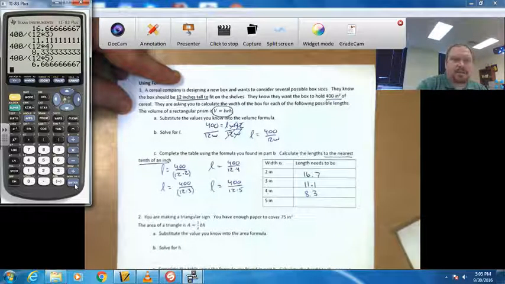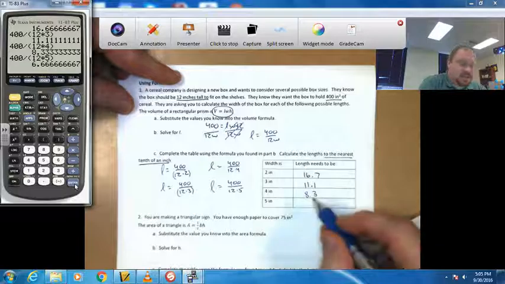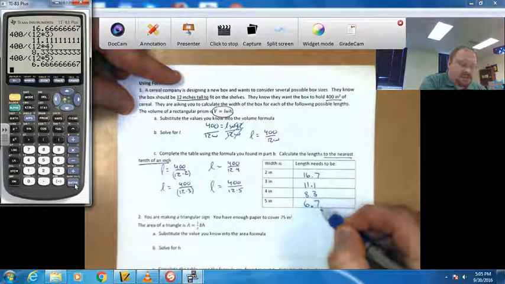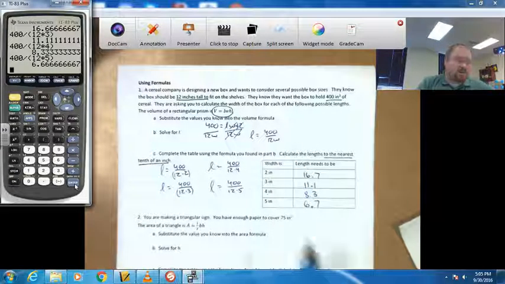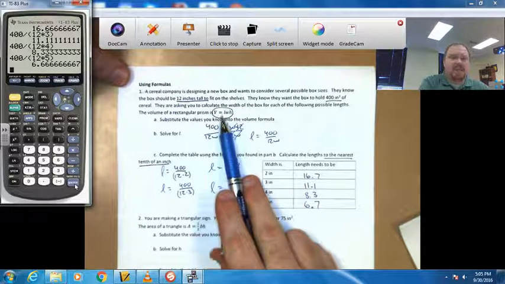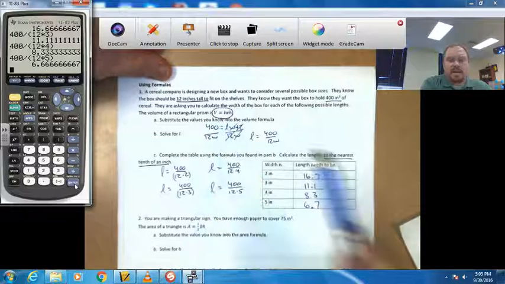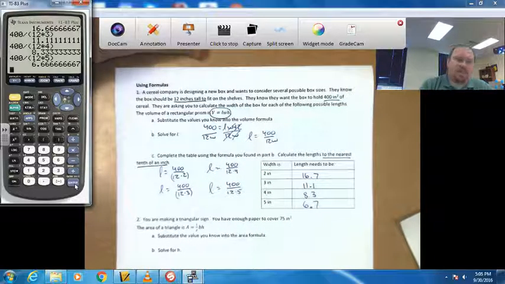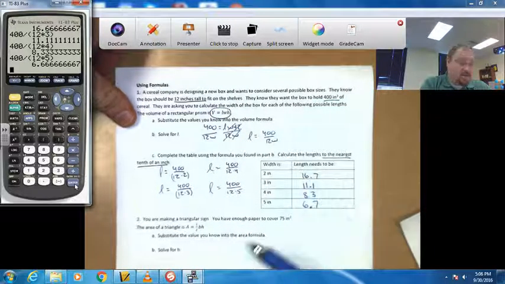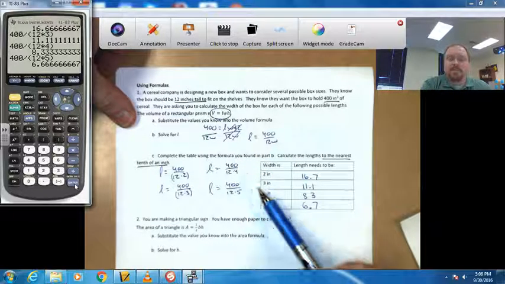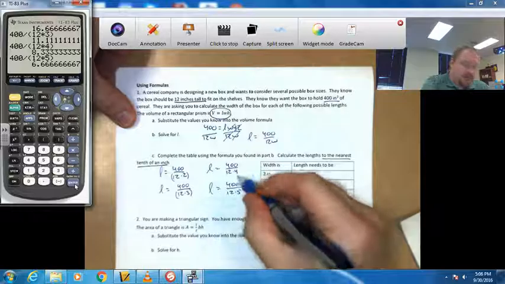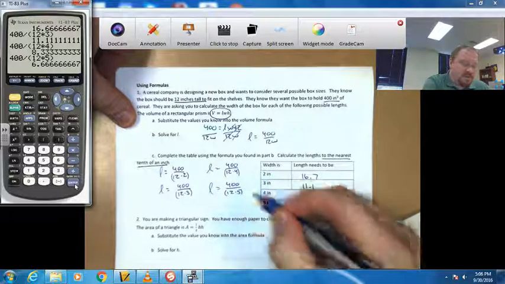And it gives me 6.6 repeating, so that rounds to 6.7. Okay. Now, if I had started with the original formula each time, and I had to solve it each time, that would have taken even more room, as well as time, too. Since I had already gotten L by itself, I only had to plug it in each time, and I was able to find my solution.